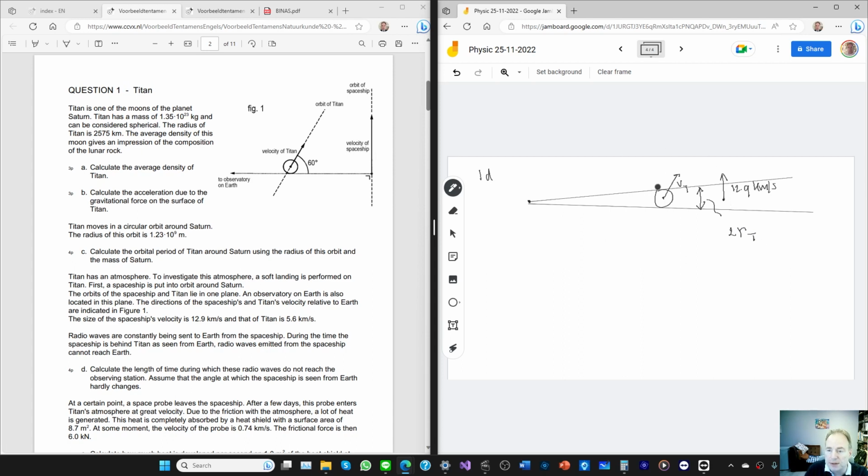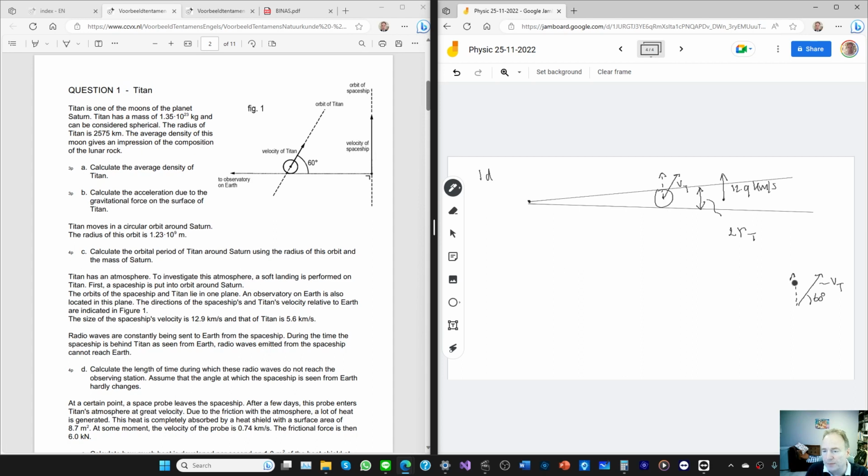So this has a certain speed, and the component in the y direction, if we call this y, is, let's draw this a little bit more isolated. We have an angle of 60 degrees here, and this is v Titan.